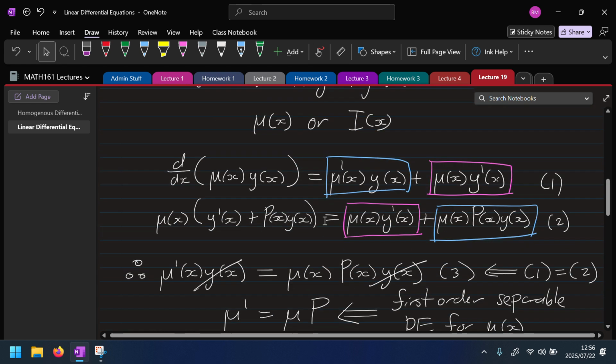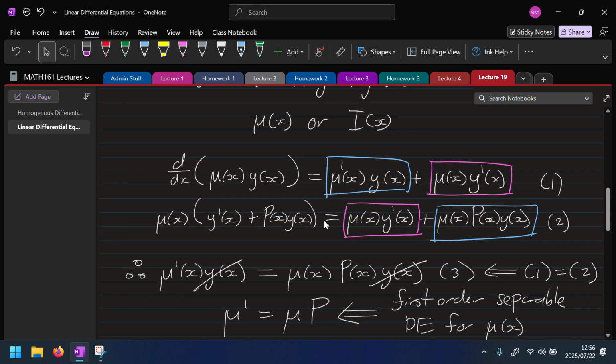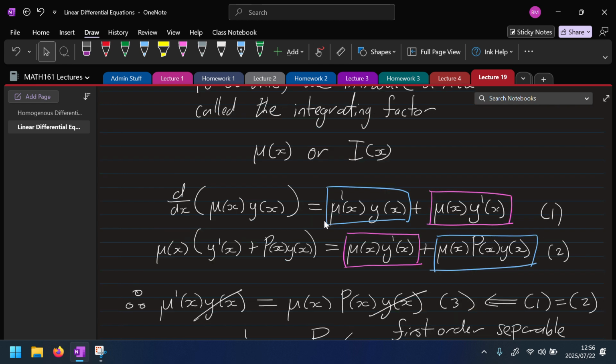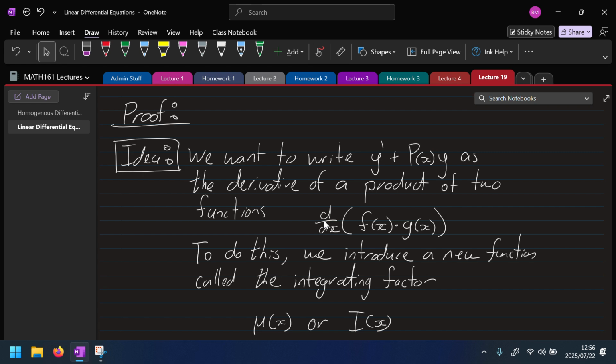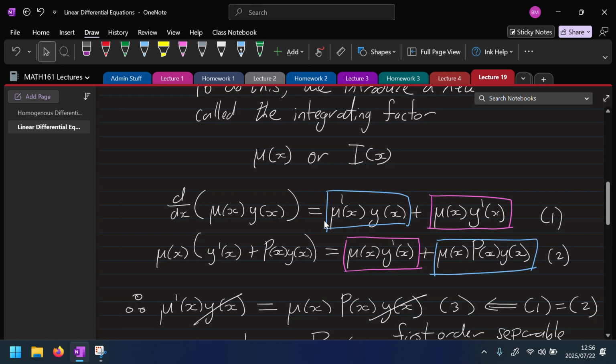Yes. Over there. Yeah, so remember, if we go back to here, we want to write that left-hand side of the differential equation as the derivative of a product. That was the goal. So that left-hand side of the differential equation, that's here, that's equation 2, multiplied by mu, right?